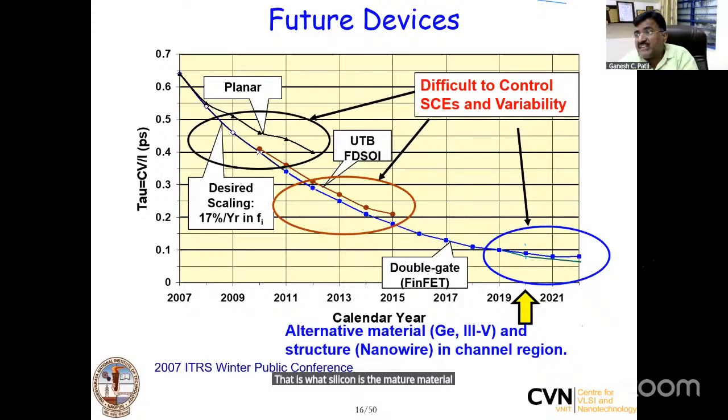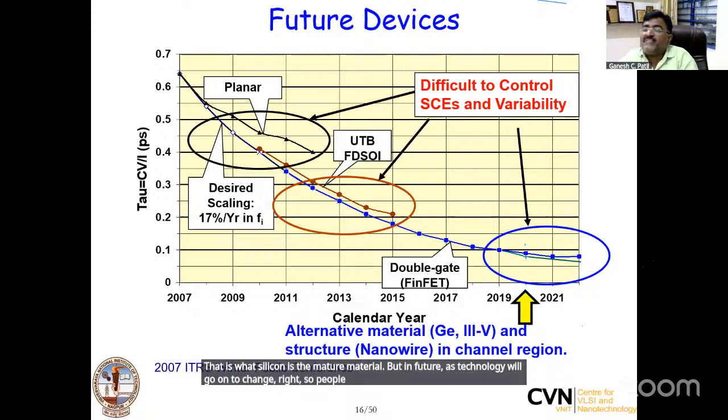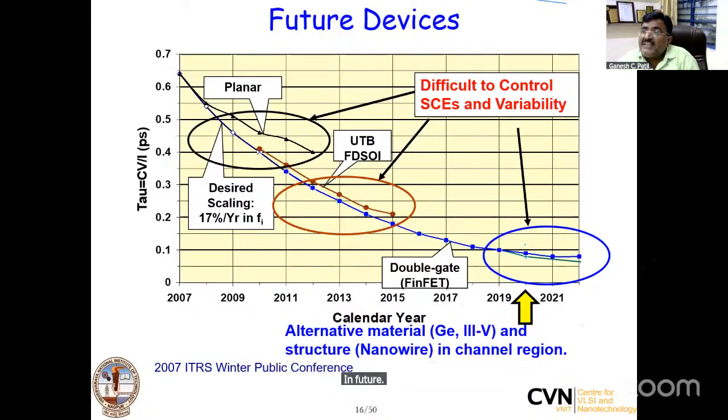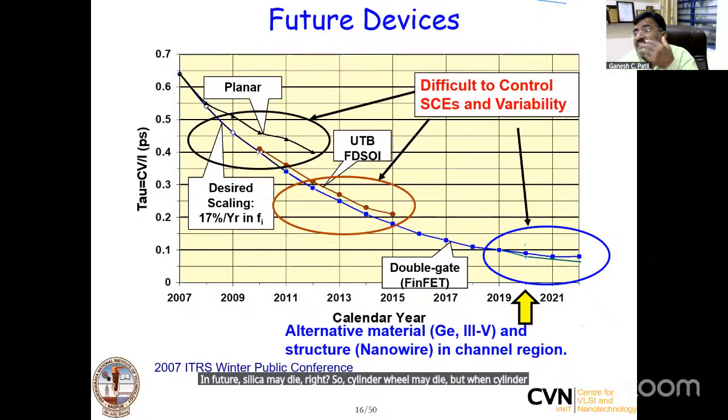But in future, as technology changes, people are coming up with new materials also, because in future, silicon may die, right? But when will silicon die? Silicon will die when people reach a channel length around the silicon bond length.